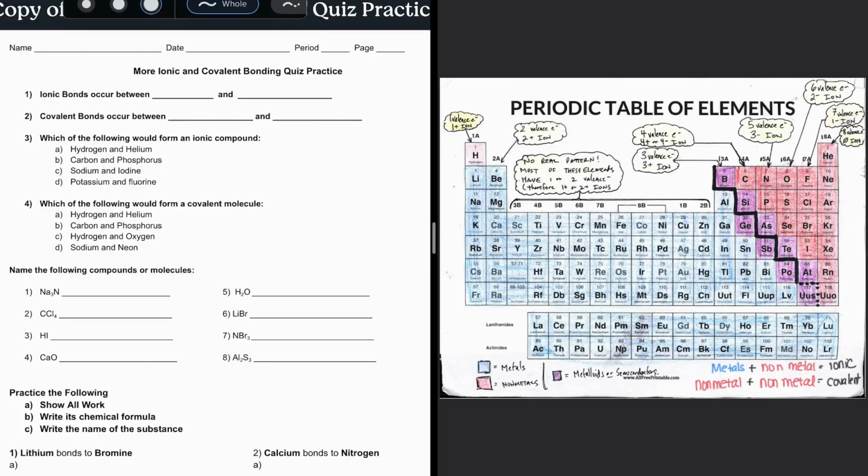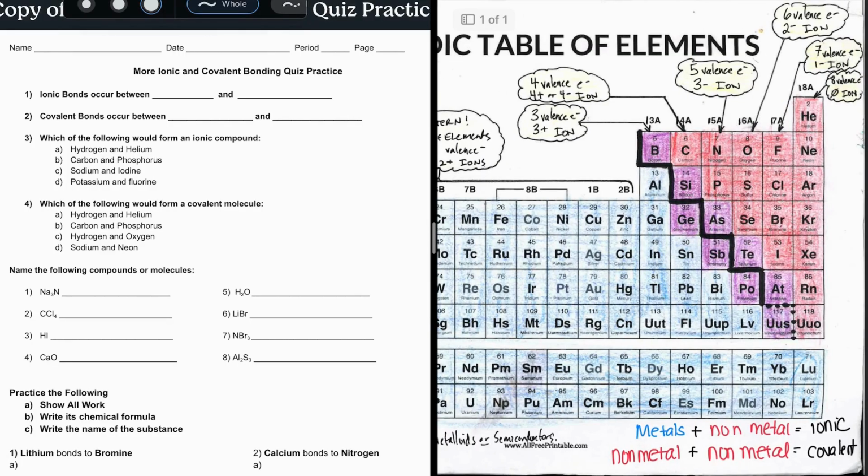So the first questions are asking us when ionic and covalent bonds happen. And you can have these notes written down on your periodic table. You'll see that I have down here in the bottom right corner of my periodic table notes reminding me that ionic bonding happens when a metal and a nonmetal bond together, and covalent bonding happens when two nonmetals bond together.